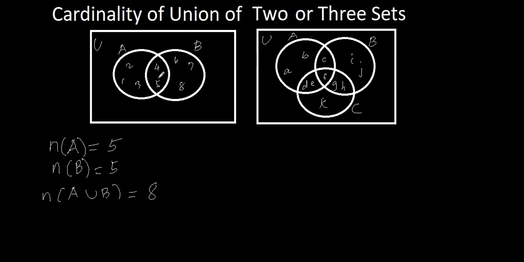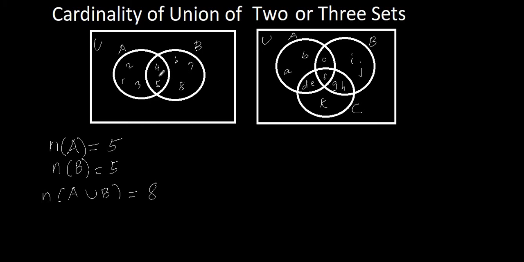When we counted the cardinality of set A, we counted the intersection. And when we counted the cardinality of set B, we also counted the intersection. This means the intersection is counted twice.